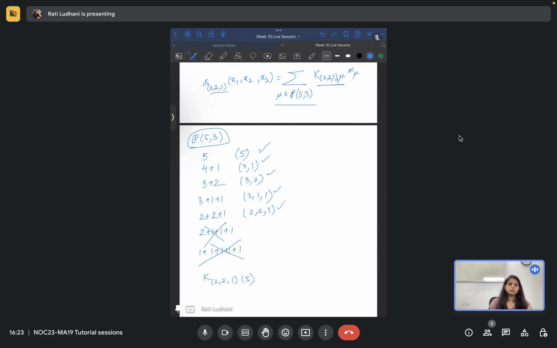So shape is 2 2 1, because the first one will represent the shape. So the shape is fixed because lambda is fixed. Now you have the fixed shape.